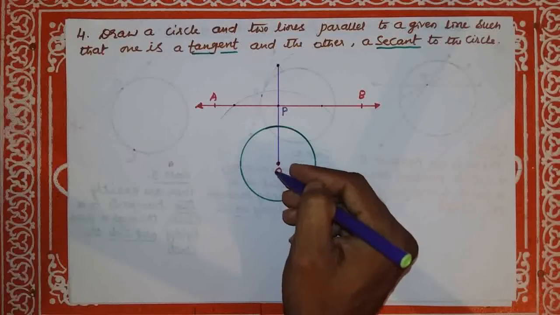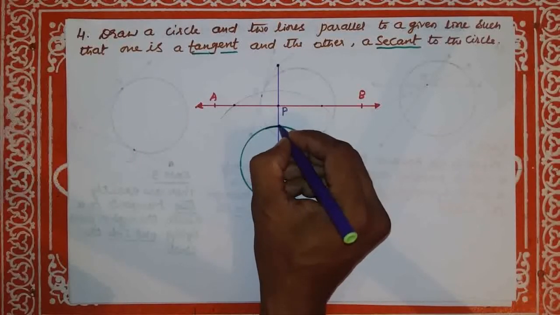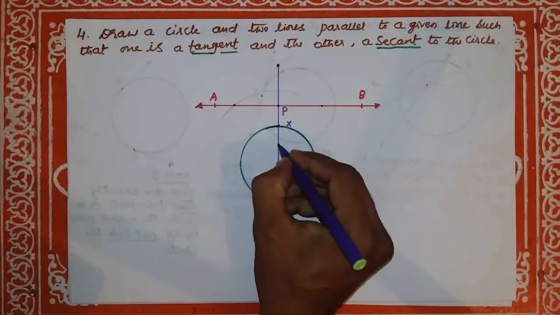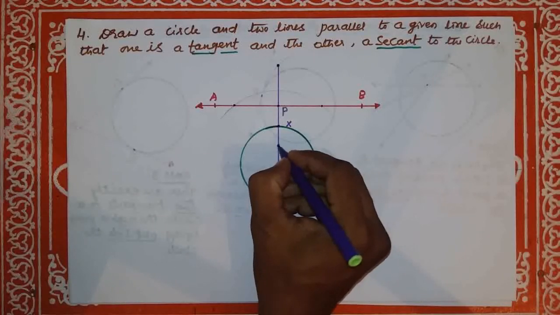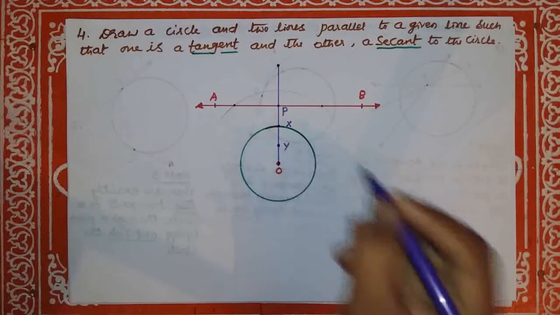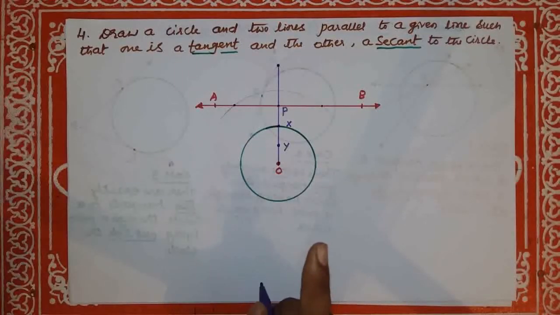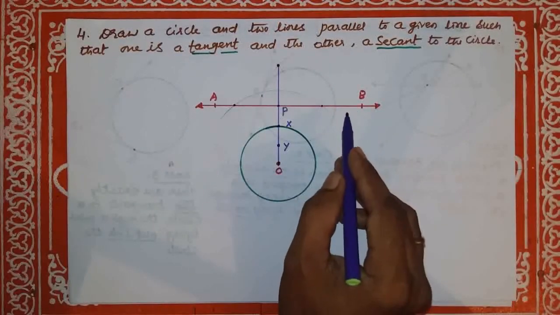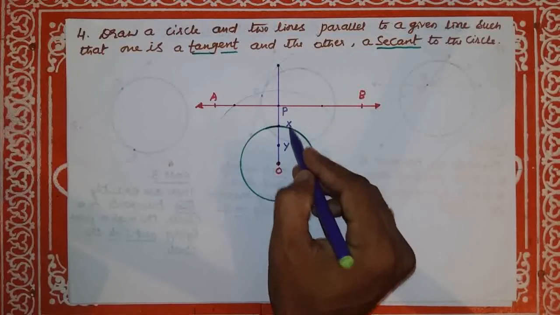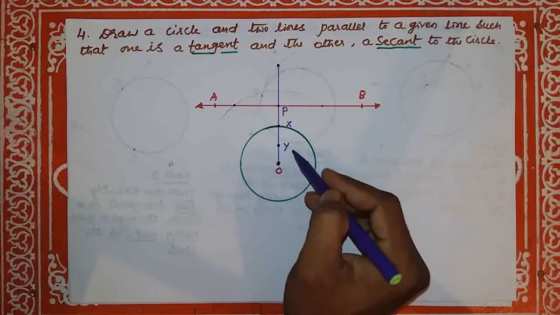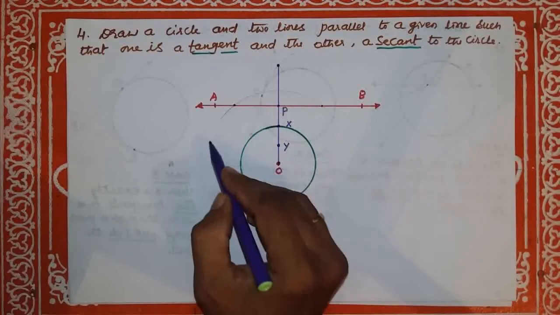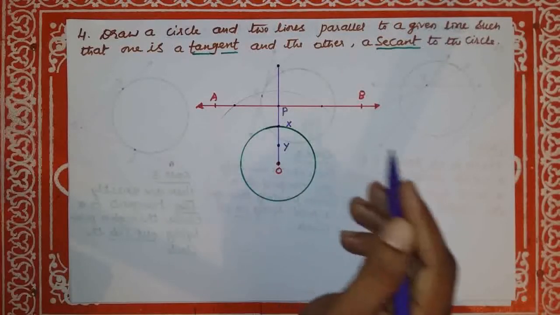One on the circle, I will put here X, and another inside the circle, here, this is Y. Draw lines parallel to AB passing through X and Y, and here we will get C and D, and another one E and F are the required lines.